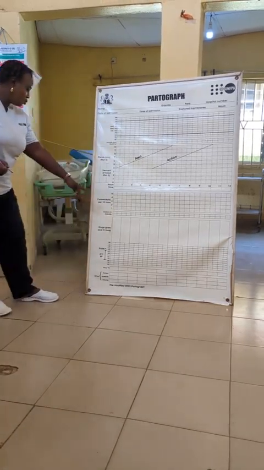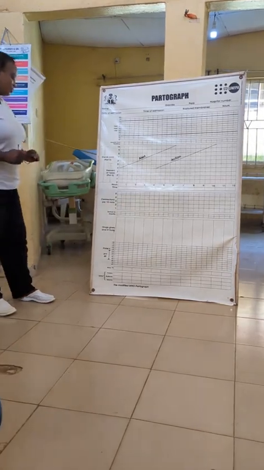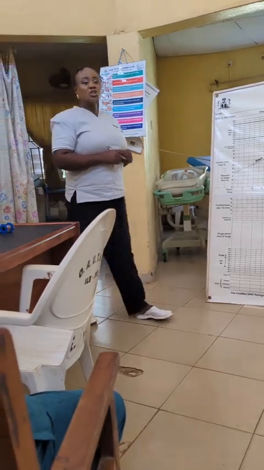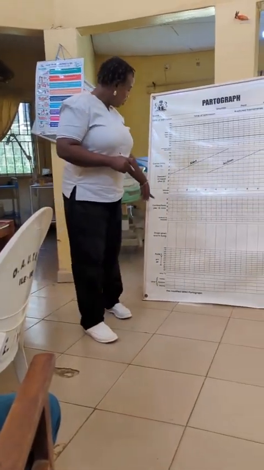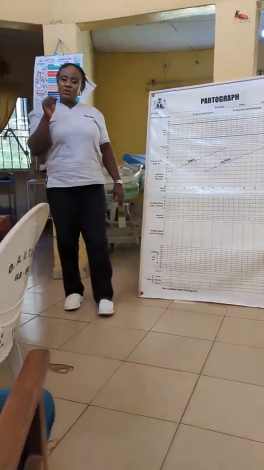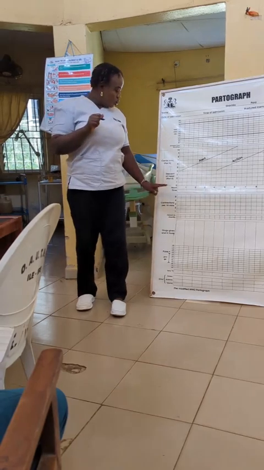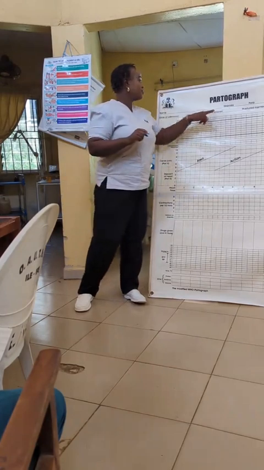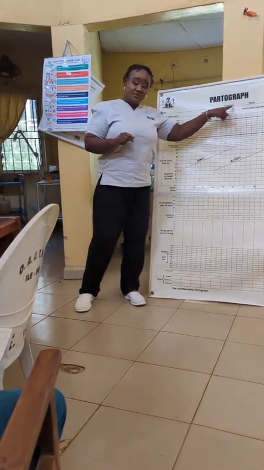And we go to augmentation of labor. After monitoring the labor, you realize that she's not doing well, she's not contracting. You have to do something, and this must be done based on your knowledge as a midwife. You have to know her parity and her gravidity.